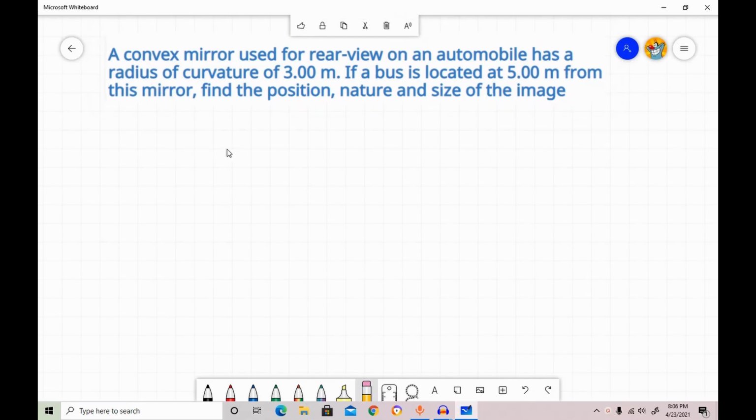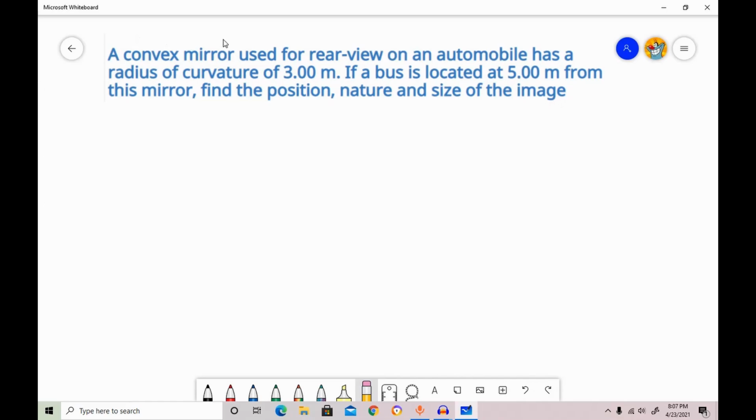Whatever problems are given in the exam, you have to read the problem carefully. A convex mirror used for rear view on automobile has a radius of curvature 3 meter. If a bus is located at 5 meter from this mirror, find the position, nature and size of the image.